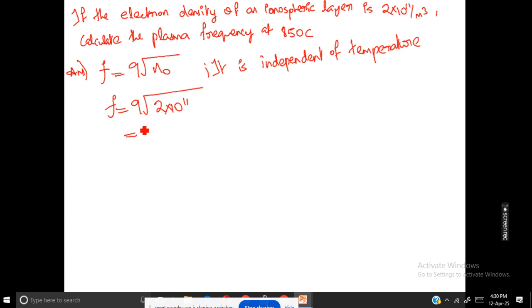How much will it be? It will be 4 into 10 raised to 6 hertz, or you can write 4 megahertz. This is the value.